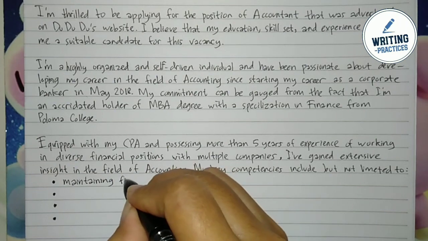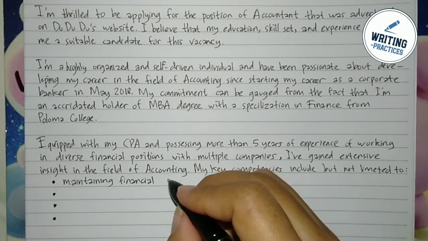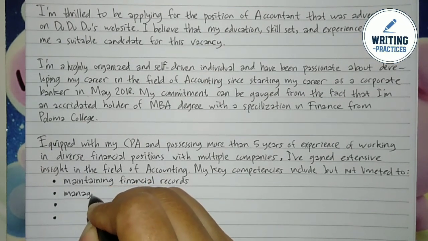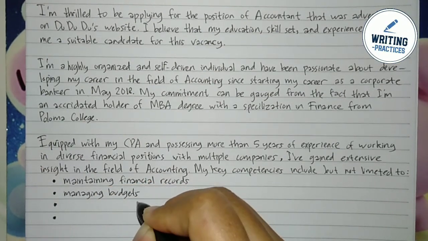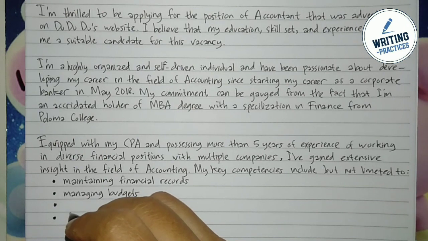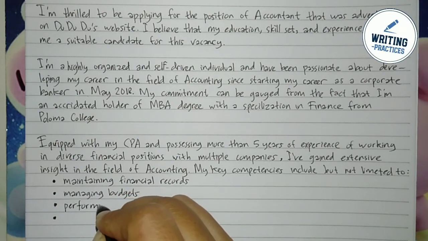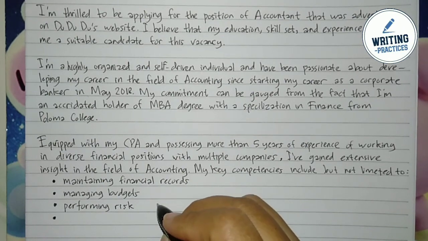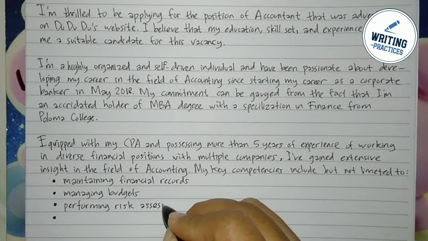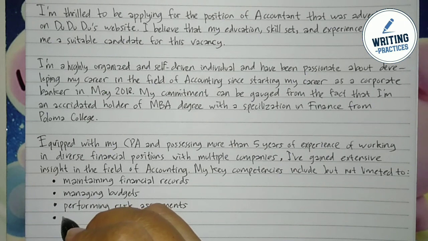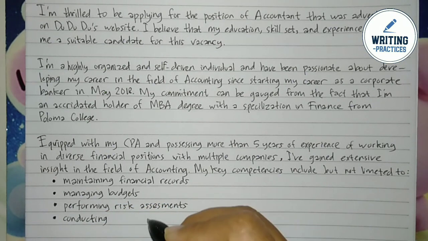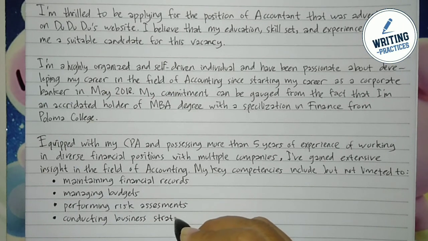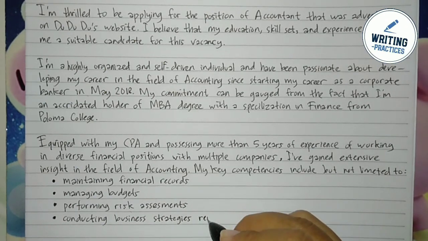For example, the writer mentions competencies about maintaining financial records, managing budgets, performing risk assessments, and conducting business strategy reviews. Mention the ones with correlation to the accountant field only.